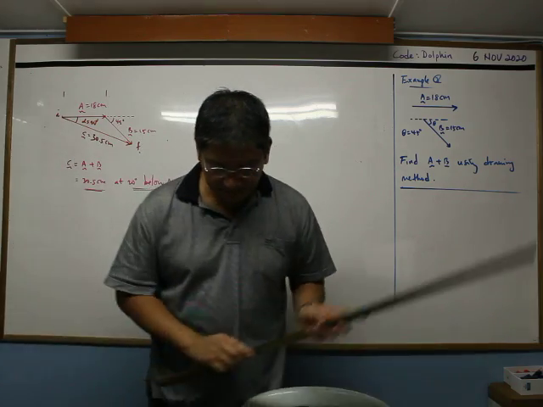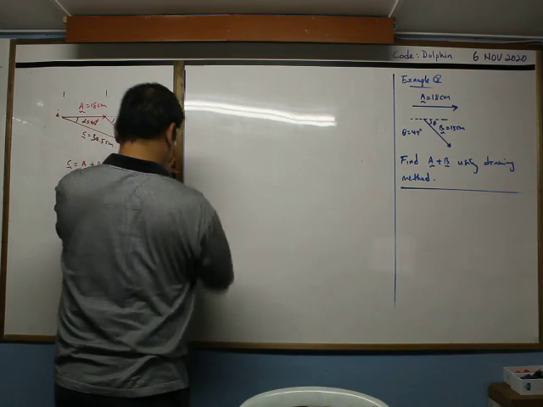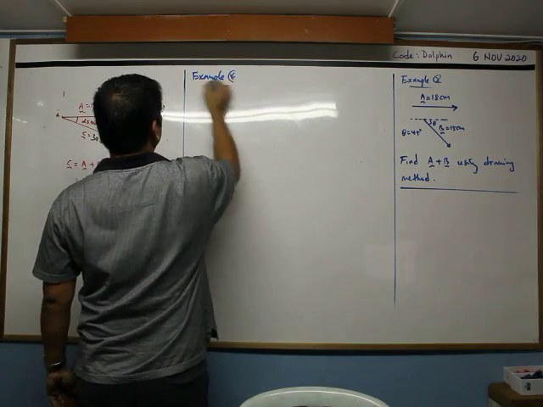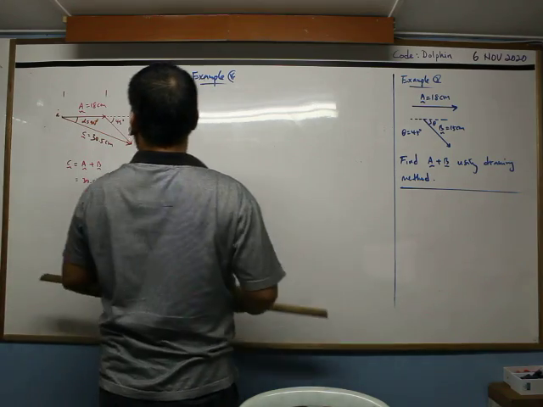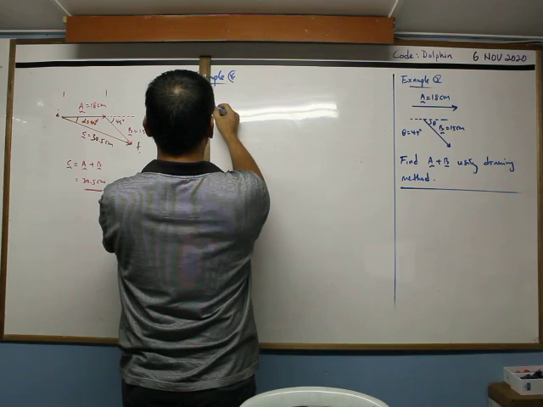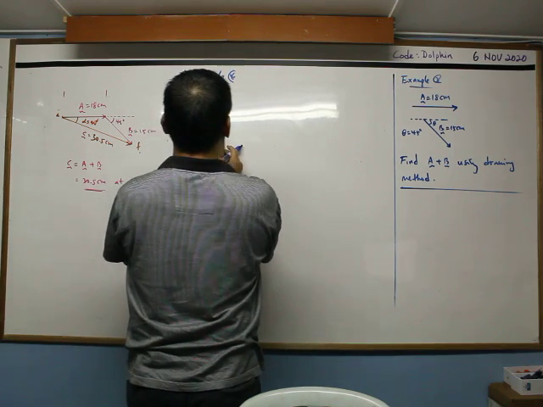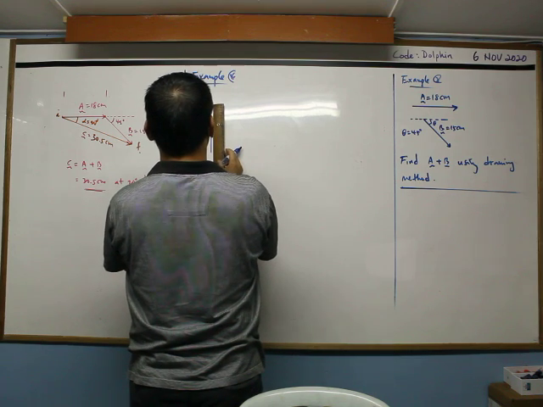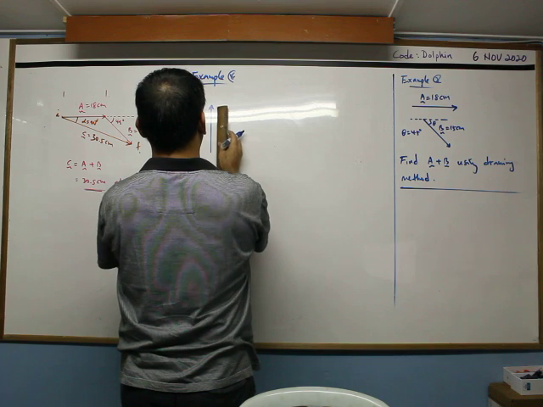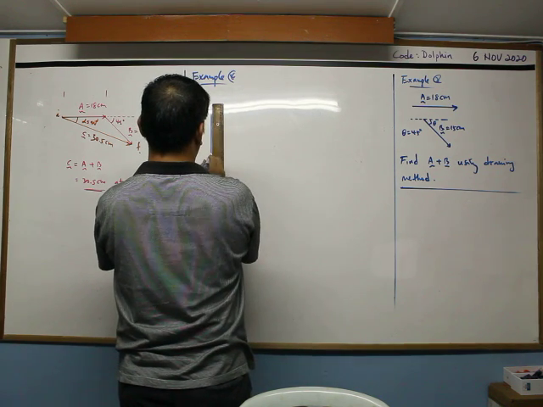Okay, another one. Example number 4. Okay, example 4. Well, you have one vector pointing up, so that length is 20.